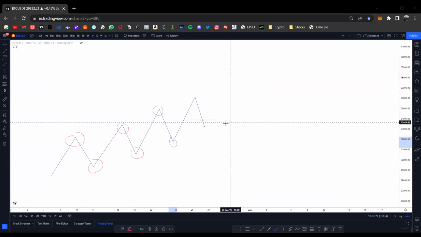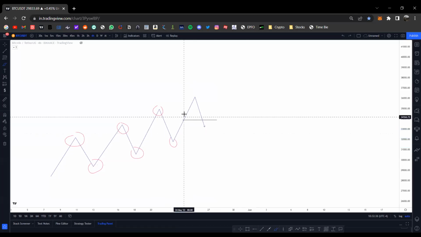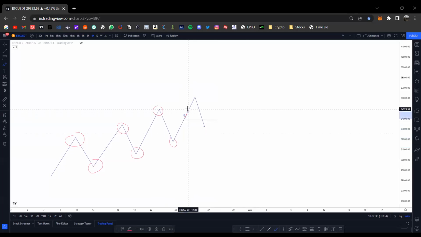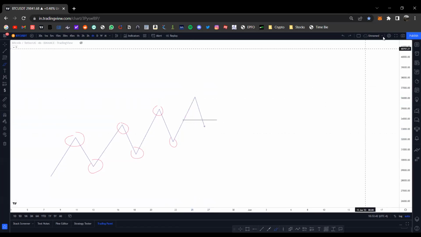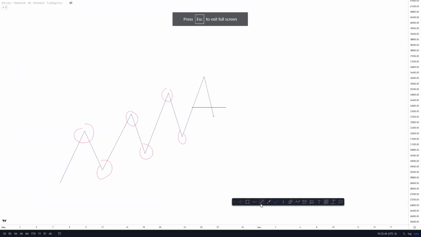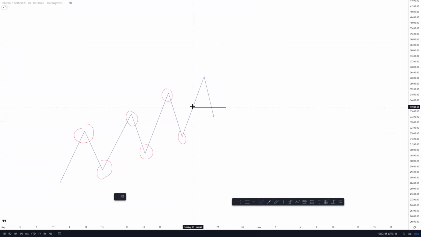So price mostly trades inside the 50% of the range and takes out some sort of internal liquidity. Like this, there will be some sort of liquidity, like here, here, here. So this will be some sort of liquidity range, and price mostly trades inside the 50% of the level.